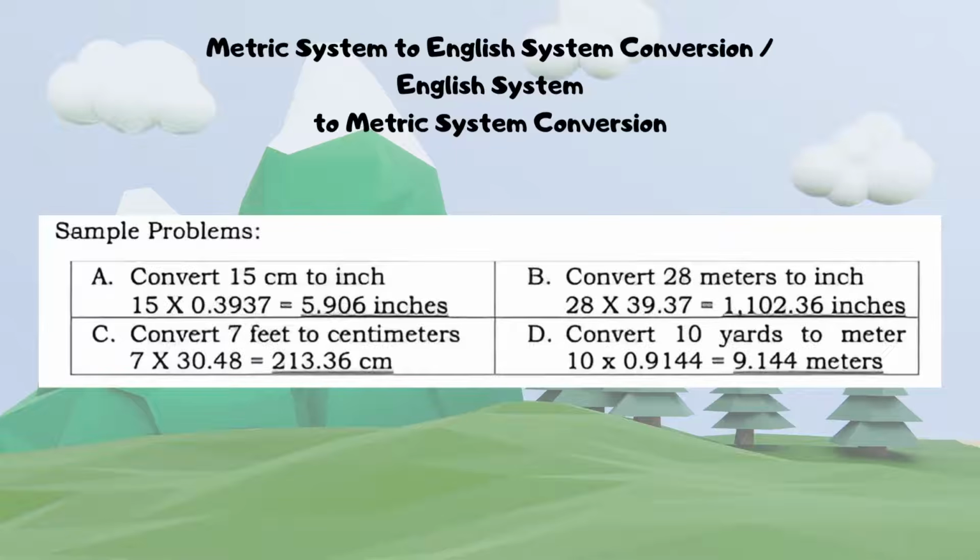Number 3. Convert 7 feet to centimeters. 7 times 30.48 is equal to 213.36 centimeters. Number 4. Convert 10 yards to meter. 10 times 0.9144 is equal to 9.144 meters.